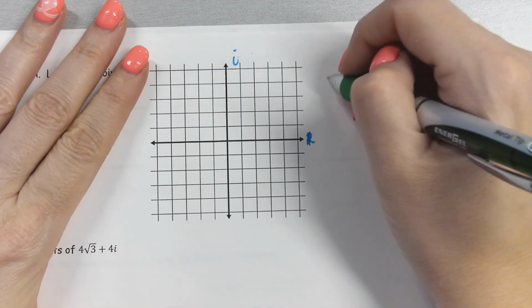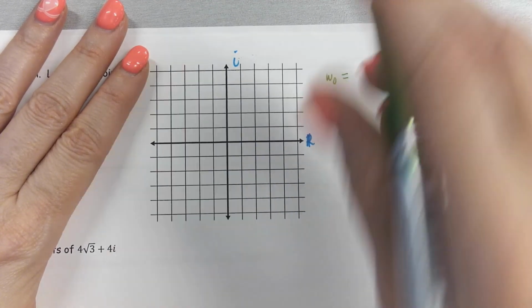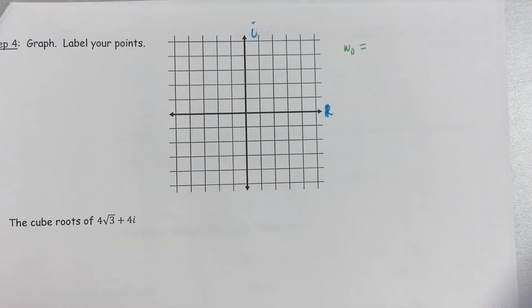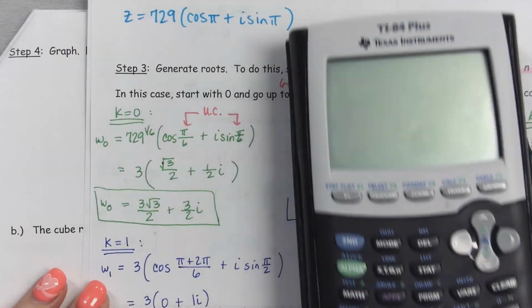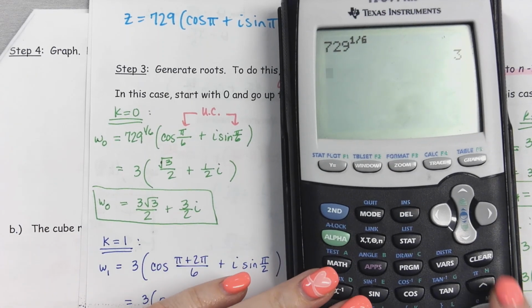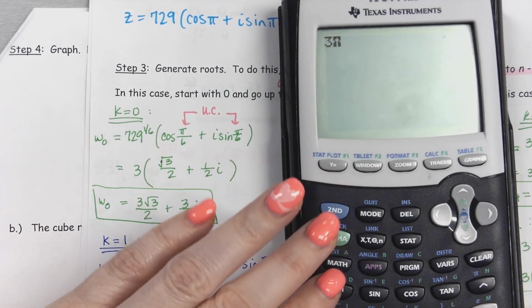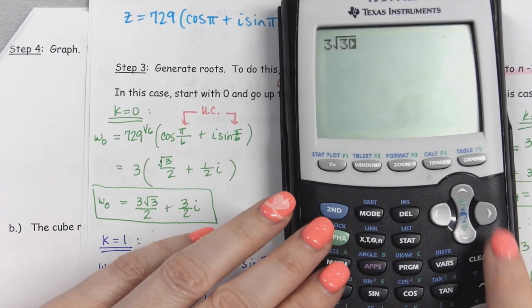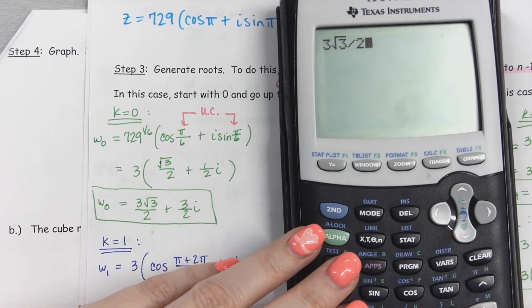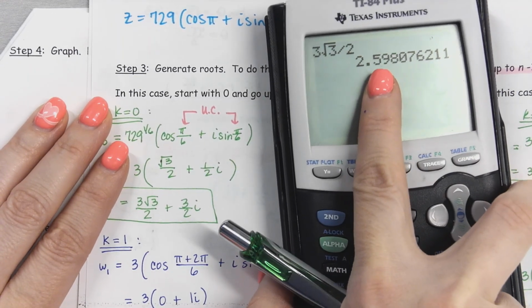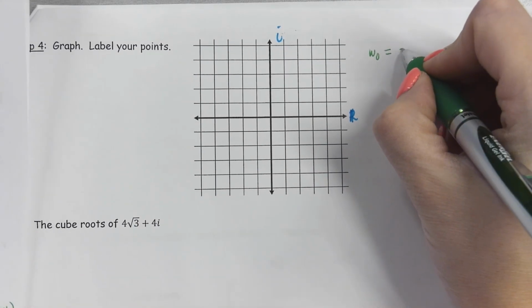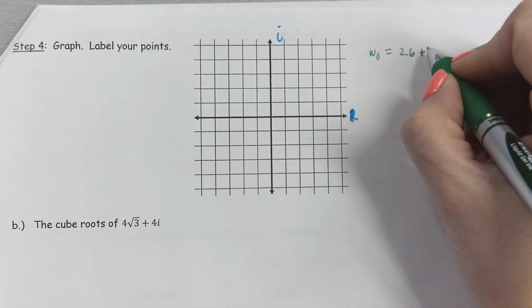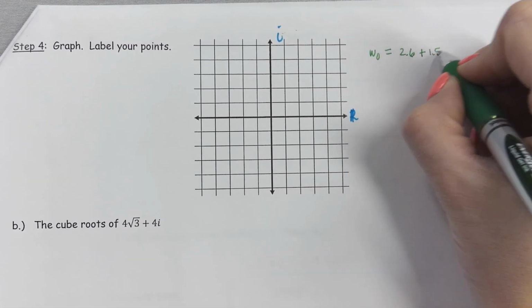Okay, so for W sub 0, you have 3 root 3 over 2, so we're going to convert that to a decimal. So 3 root 3 divided by 2 is going to round to 2.6. So this is 2.6 plus 3 over 2 is just 1.5.